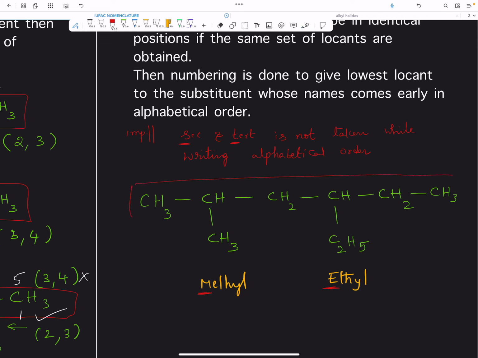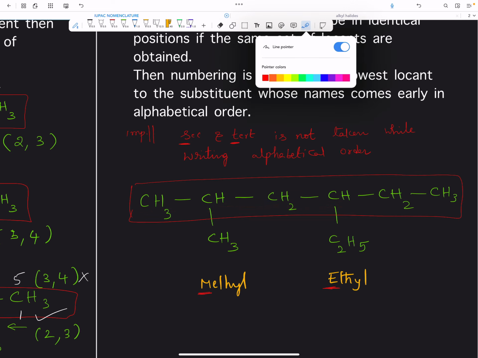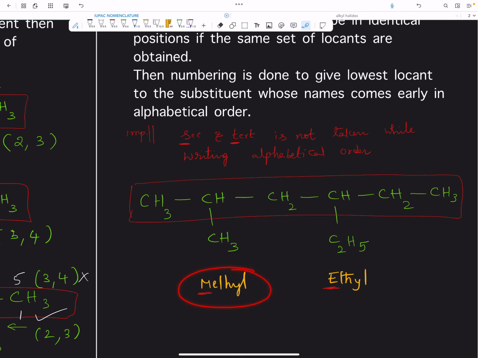Here, this is the longest carbon chain containing 1, 2, 3, 4, 5 and 6. It has two substituents, methyl as well as ethyl. Now give numbering 1, 2, 3, 4, 5, 6 and in the opposite direction 1, 2, 3, 4, 5 and 6.